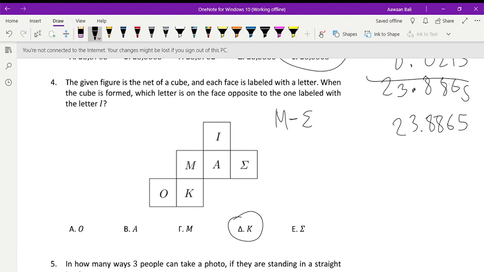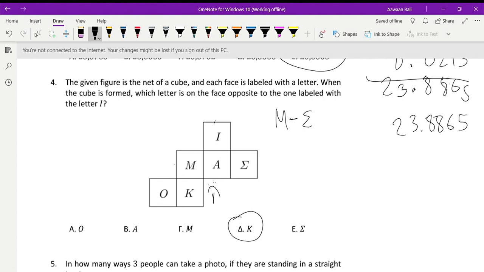And now basically if this goes up here, that means A is at the bottom and the base, and K goes next to M, which means that if you fold K so that it is also facing towards the direction of A, that means K will be here.